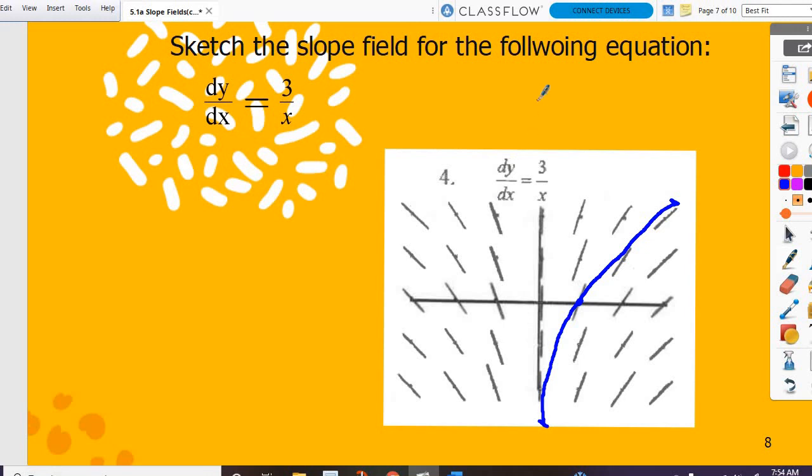That makes sense because if we were to graph the answer to this, so I'm not graphing 3 over x, I'm graphing the answer, my slopes are going to be a natural log function, which is similar to what my natural log function looks like.